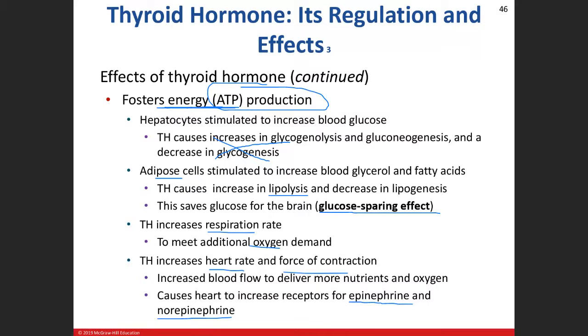We want to make sure that when the adrenal medulla is secreting epinephrine and norepinephrine, and it circulates through your circulatory system and winds up in your heart, there are plenty of receptors to increase your heart rate and increase your force of contraction.